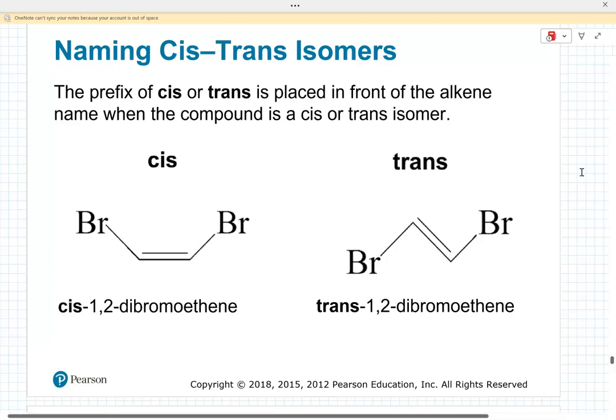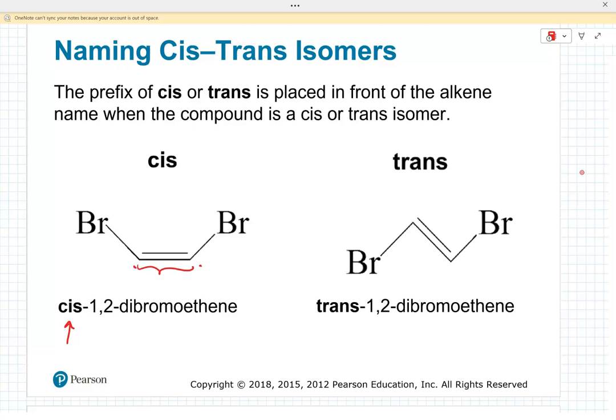So in this case, since we are talking about an alkene that contains only 2 carbons, can you see that? 2 carbons. We don't have to number where the double bond is. There are no alternatives. 2 bromine substituents, opposite ends, so 1,2-dibromoethene, and then based on the line angle formula, we add cis or trans, depending.